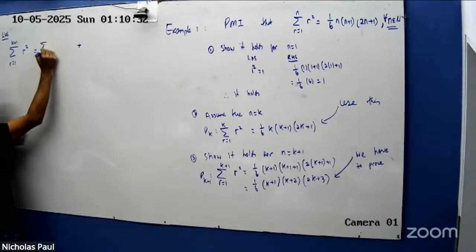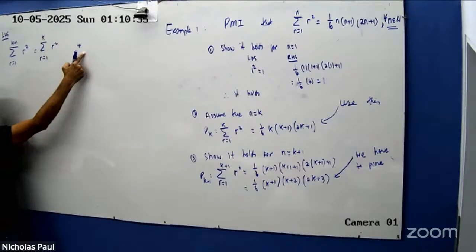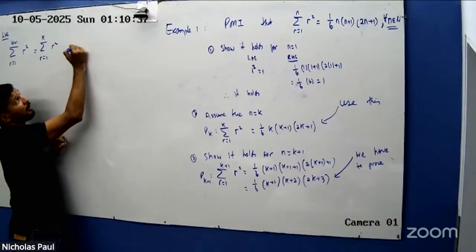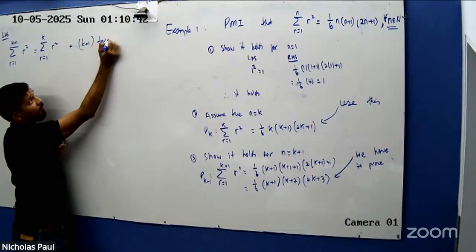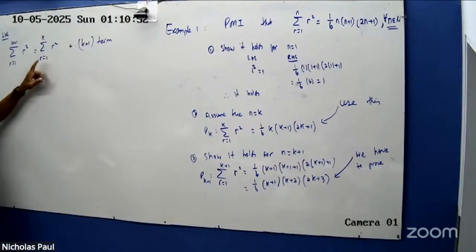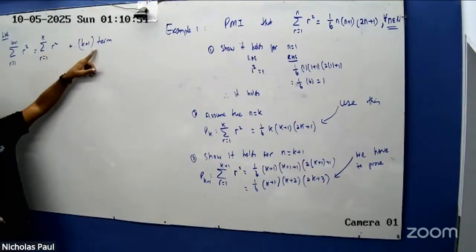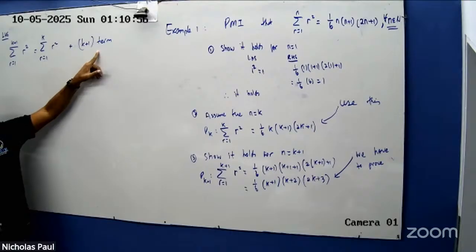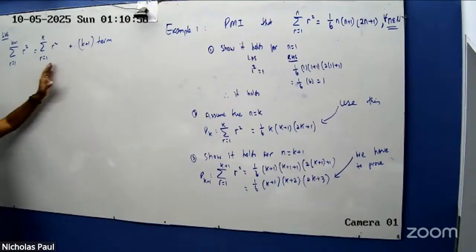So summation of r going from 1 to k, plus the k plus 1 term. Everybody okay with this? It's a rule that we have to remember, right? You done? You good? All right. So you add this and this. Everybody okay with that? So we go and add this and this.